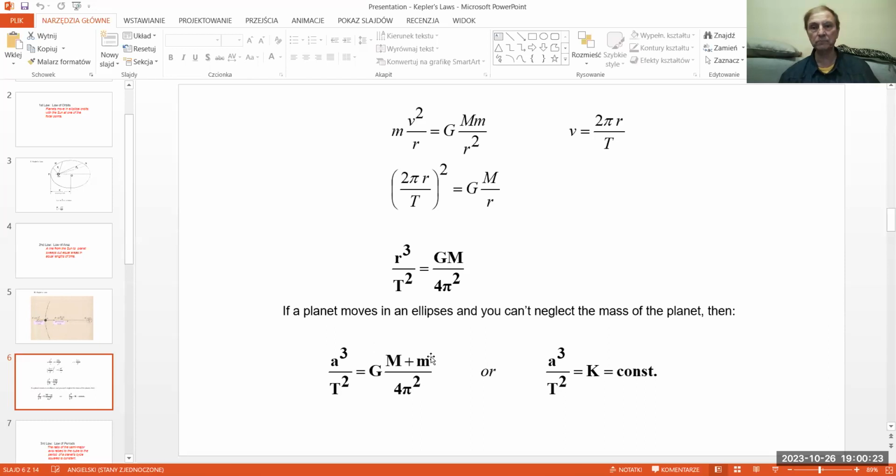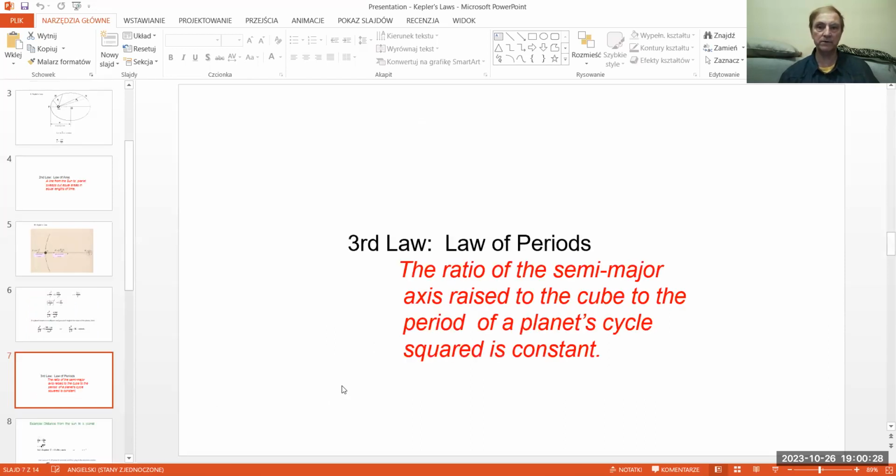So again, Kepler's third law says that the ratio of the semi-major axis raised to the cube to the period of the planet's cycle squared is constant.